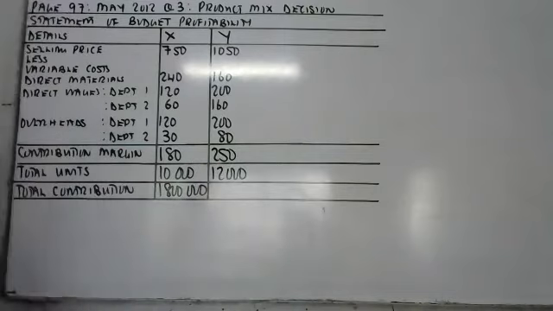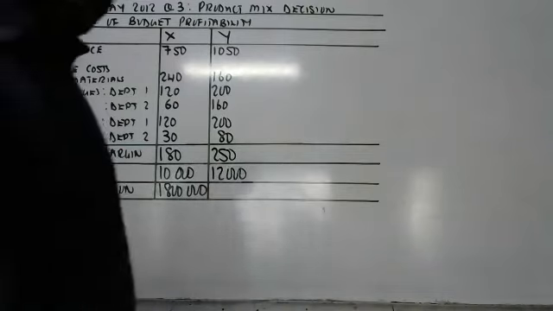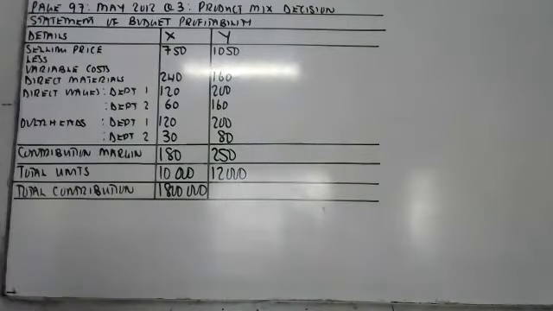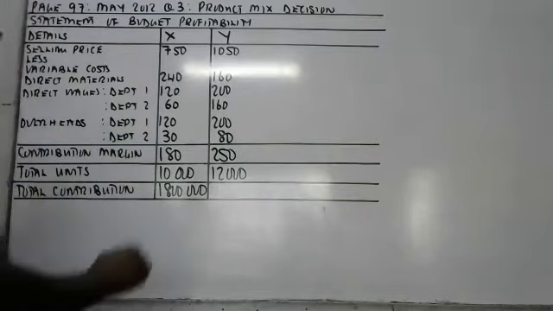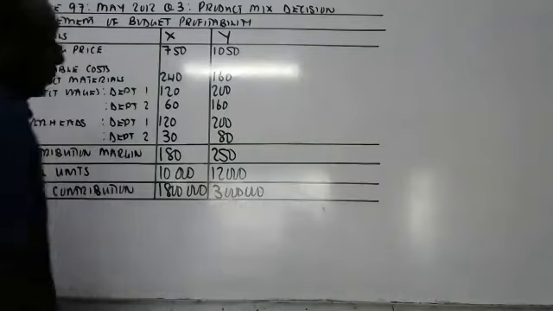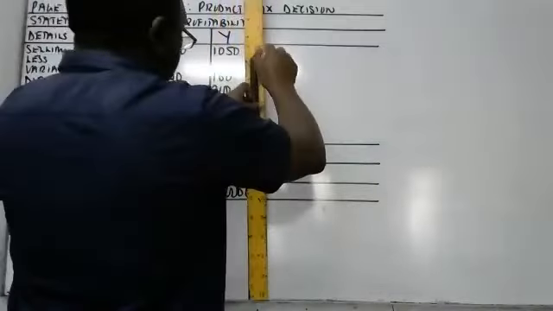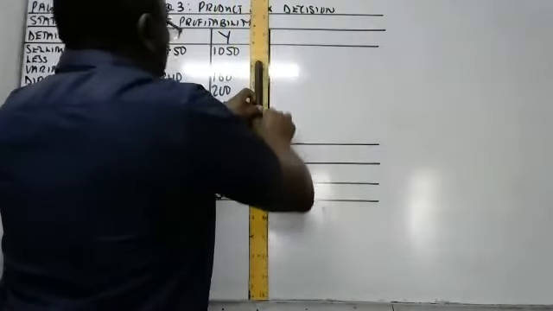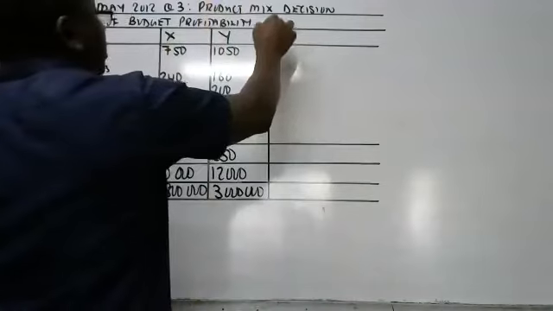So 12,000 times 250 is how much? $3 million. So with 3 million, sasa we go to Z.